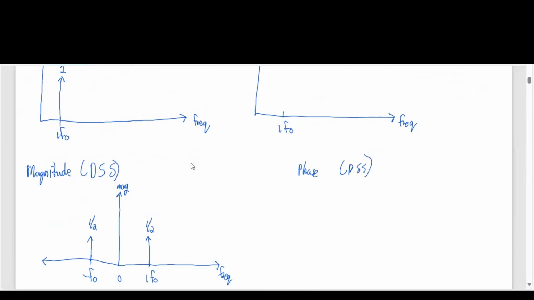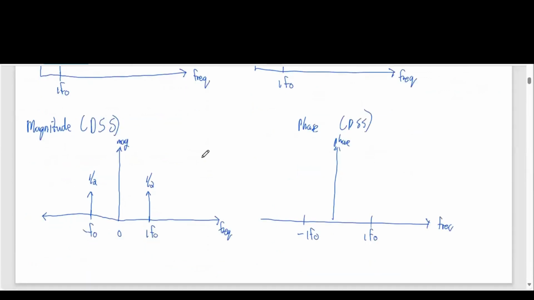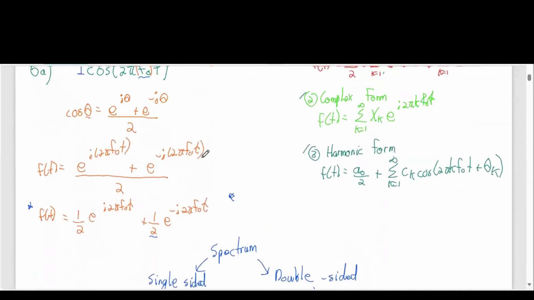Same idea, it will be double-sided. You have your 1 F naught and a minus 1 F naught, but it'll be empty. So phase and frequency. And with that said, that's the first question.